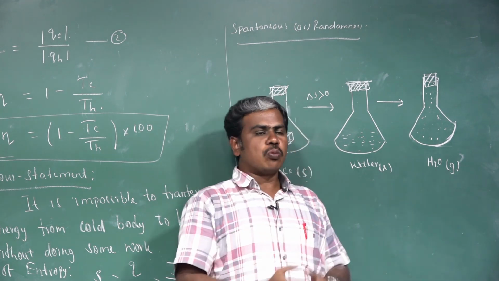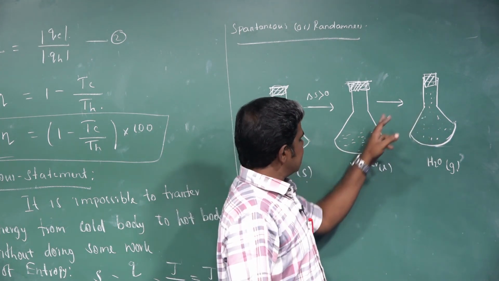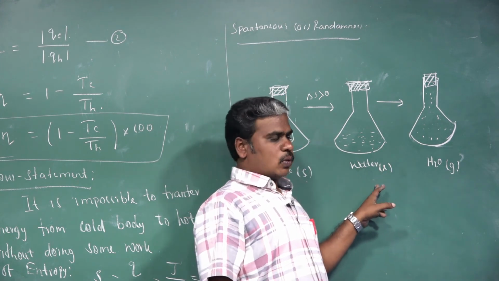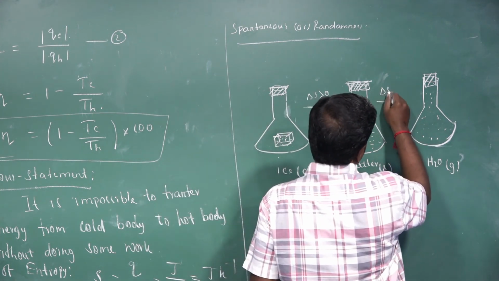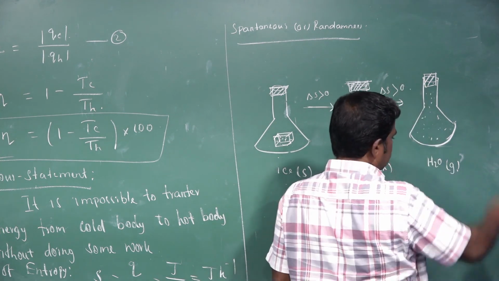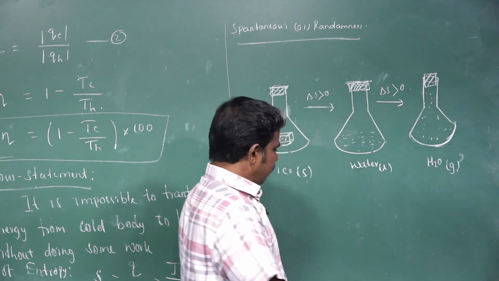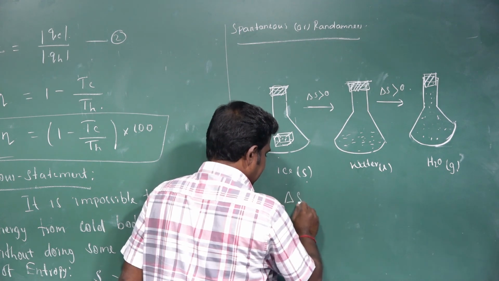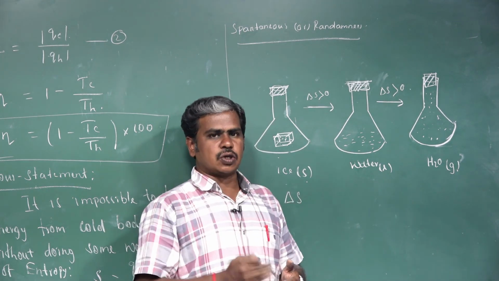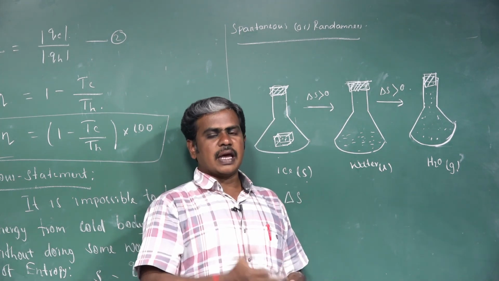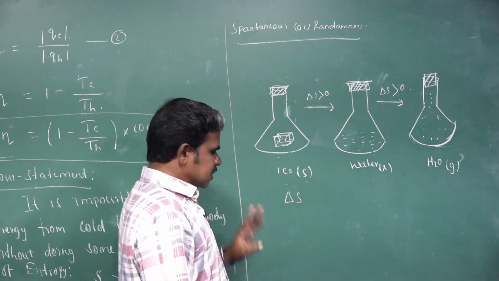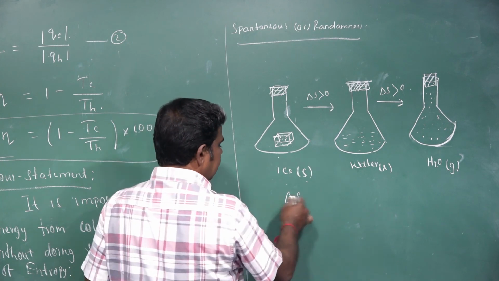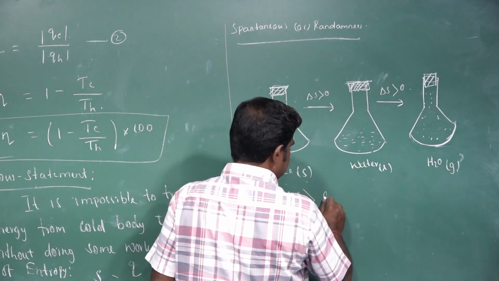The molecular movement will be much greater than that of liquid water and ice, so the randomness delta S is greater than 0. So if it goes from an ordered state to a disordered state, then the processes are all spontaneous. So what is the spontaneity condition? Delta S is greater than 0.